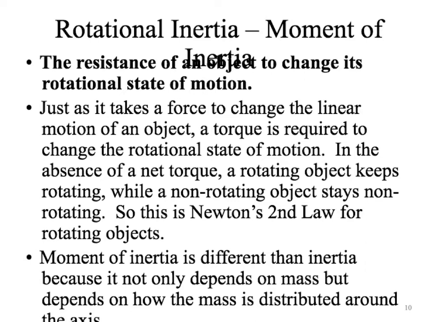So when we talk about moments of inertia, those formulas come from how the mass is distributed. We're going to look at Newton's second law for rotating objects and substitute in torque for force, moment of inertia for mass, which is mass and how it's distributed, and then alpha, or angular acceleration, for a.